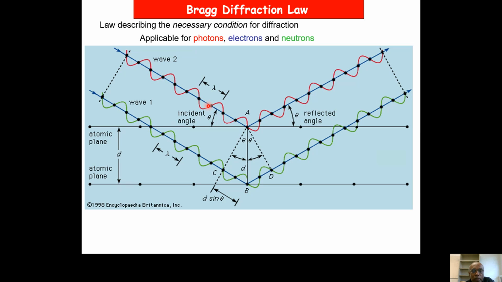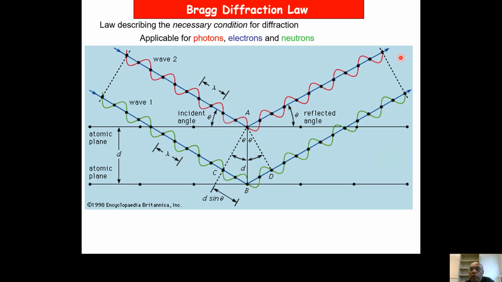So this X-ray or electron or neutron, we can consider they all as waves, right? So this first one, the red one, is getting reflected like this one. Then the second one, the green color wave, is getting reflected from this one.